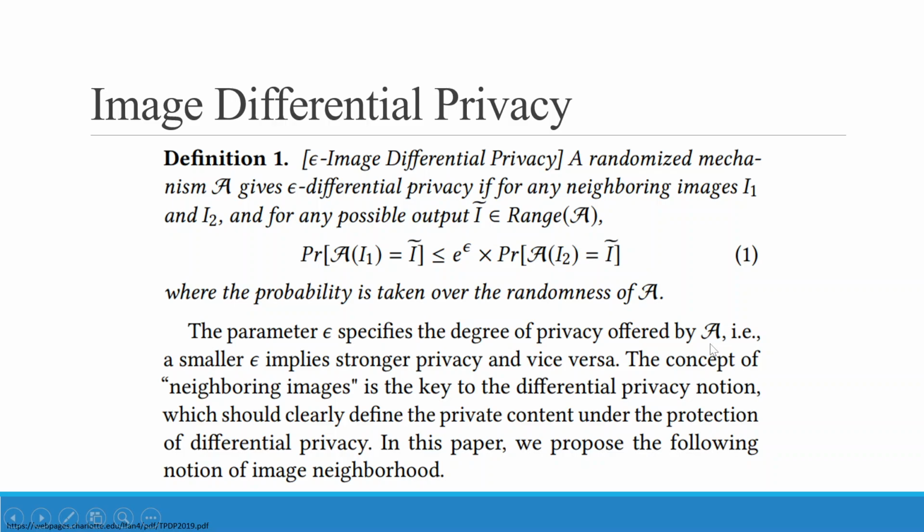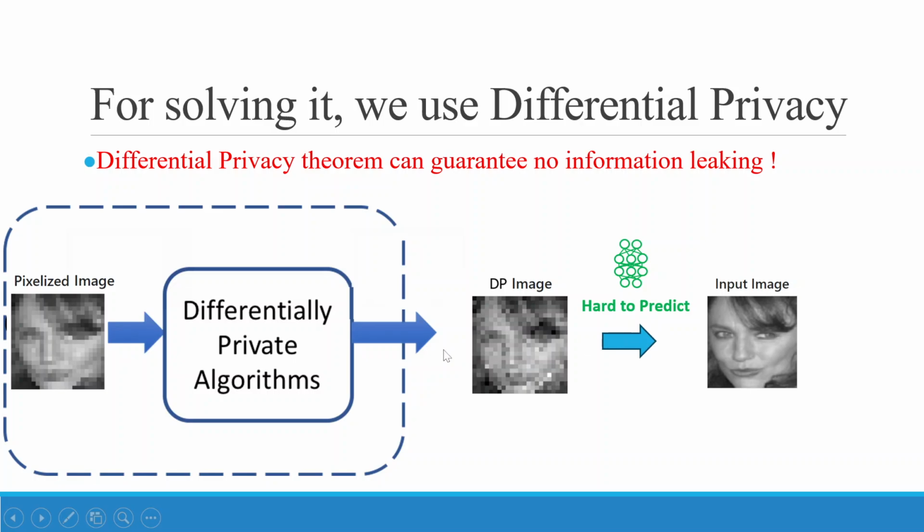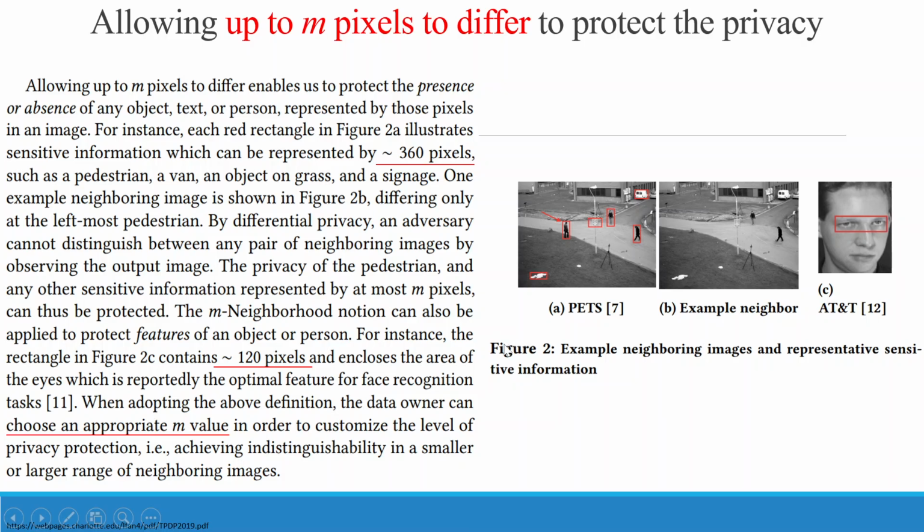Okay, so how can we do differential privacy for images? There are many kinds of schemes to do a similar action like this, and I have provided one of these papers in our homework 3, and this is the paper.